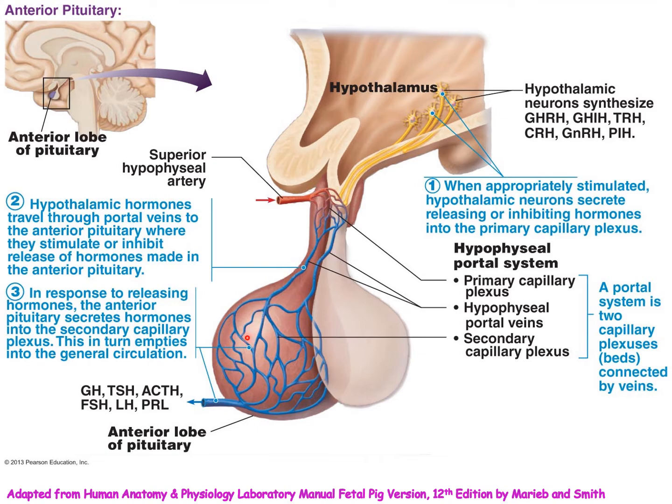These releasing or stimulating hormones will in turn cause the anterior pituitary to secrete one of its 6 hormones.